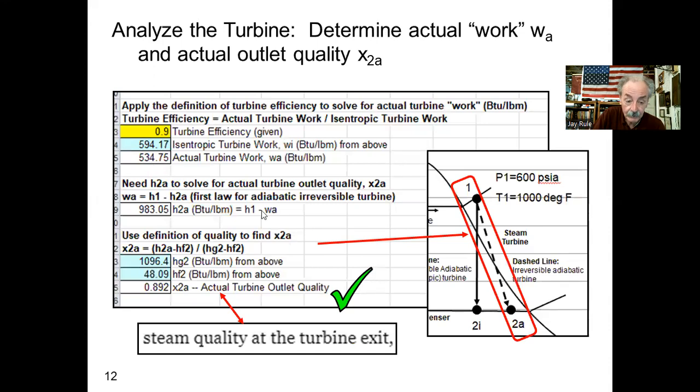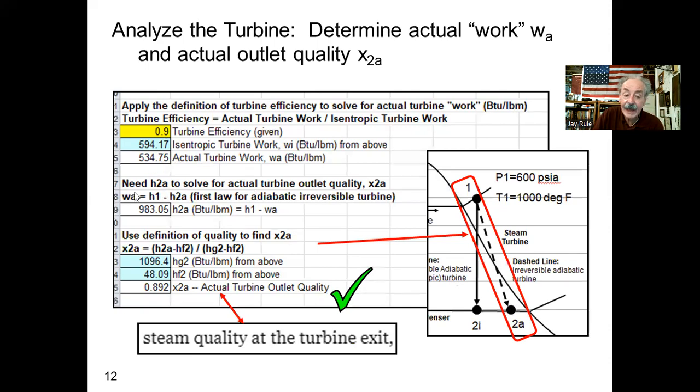534.75. Now, in our homework problem, it says, what is the actual quality at the outlet of the turbine? And all we did was find the actual turbine work. Well, we need the actual outlet enthalpy of the turbine outlet. Well, we can use the first law to solve for that.